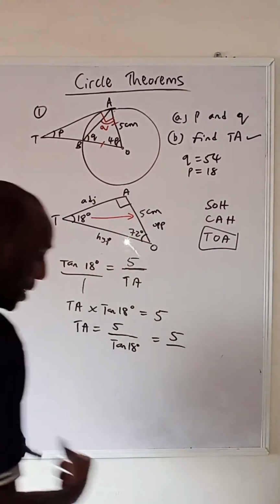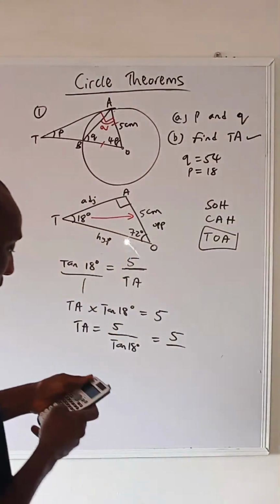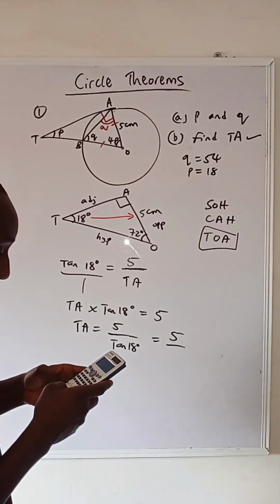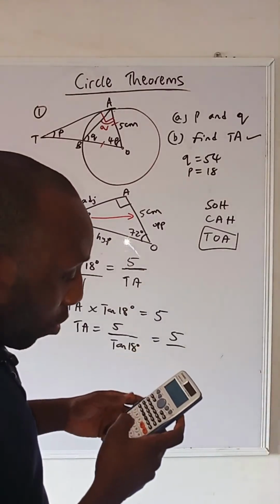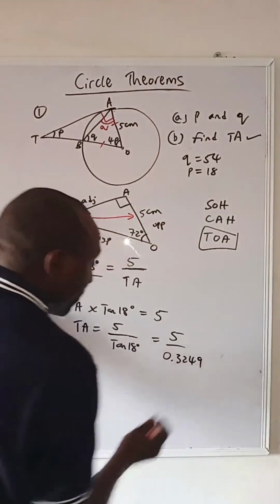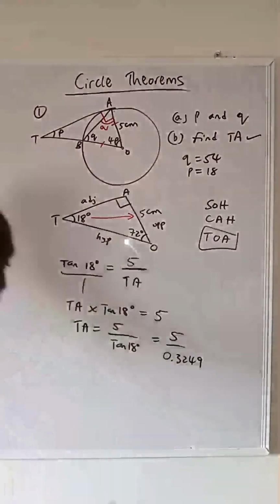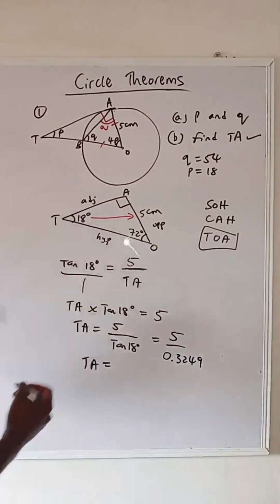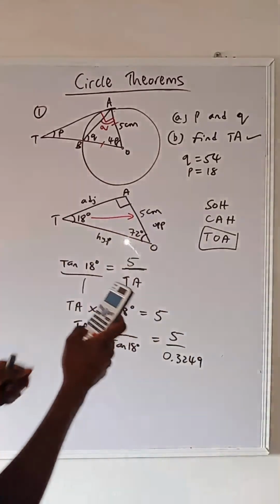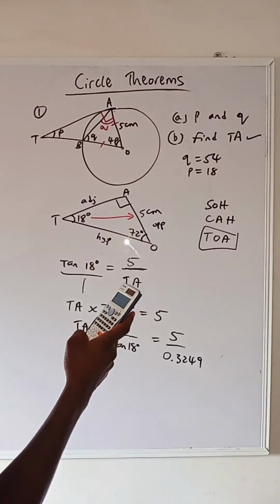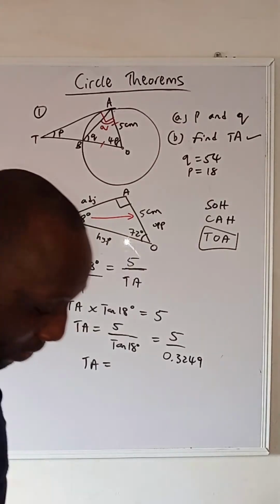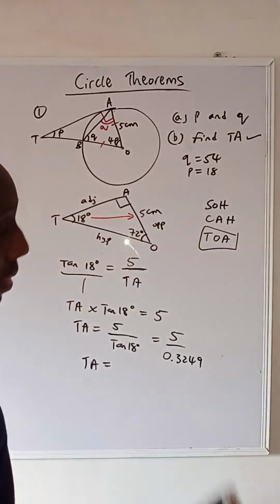What's tan 18 degrees? Let's get our calculator and do that. Tan 18 is 0.3249. So TA will be equal to 5 divided by 0.3249, which is 15.3894.